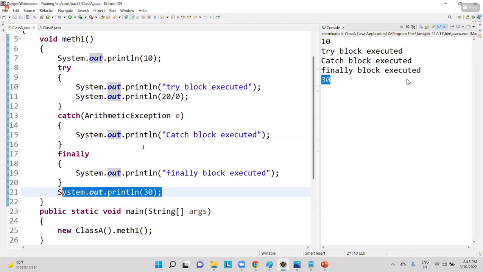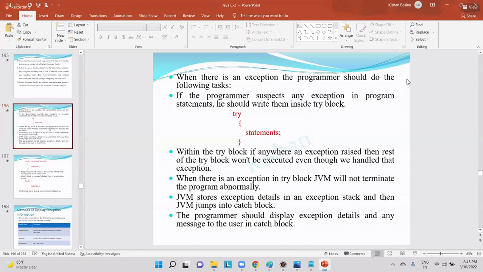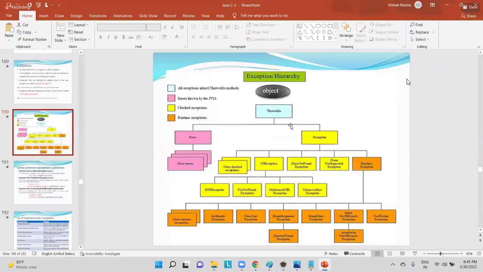Very good. What is the super class for all the errors and exceptions? Throwable, right? What is the super class for all the exceptions?